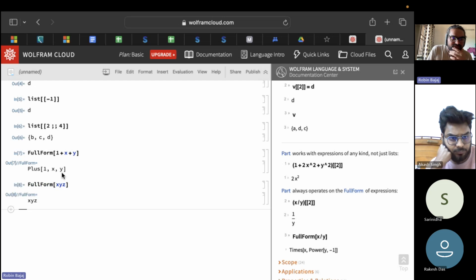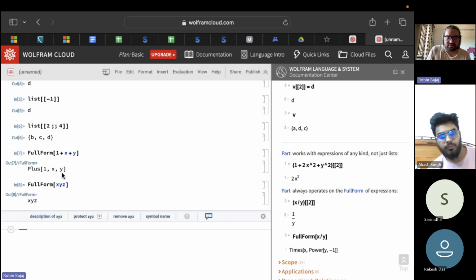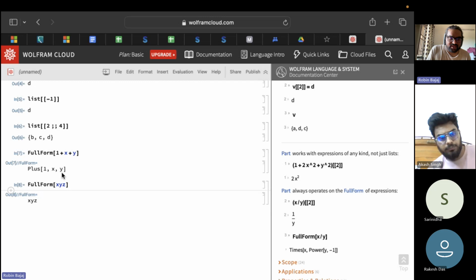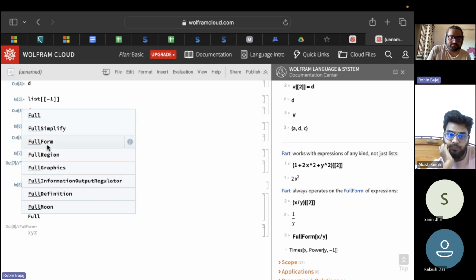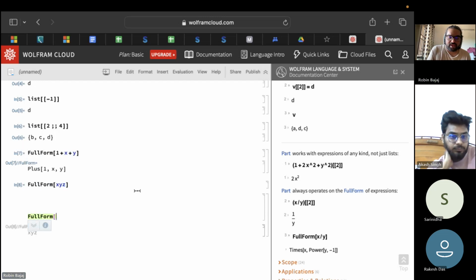I'm not sure what it would give. So it took it as just one thing. But if I do FullForm of x multiply y multiply z, what should it give? Any guesses?